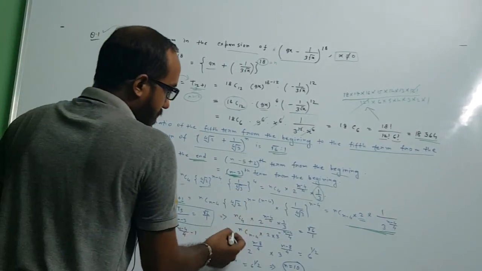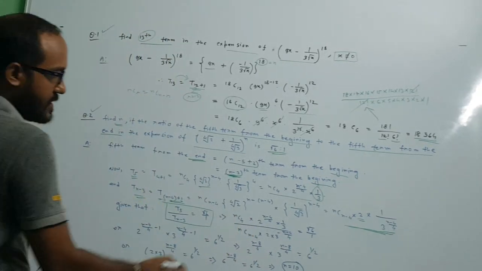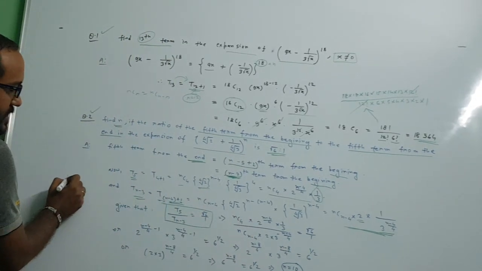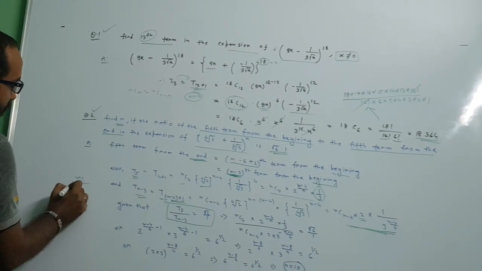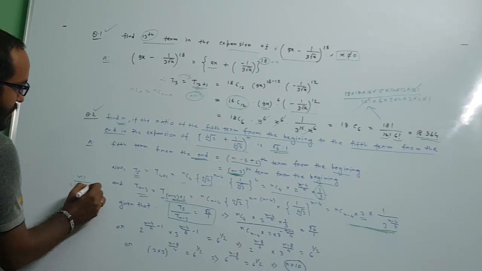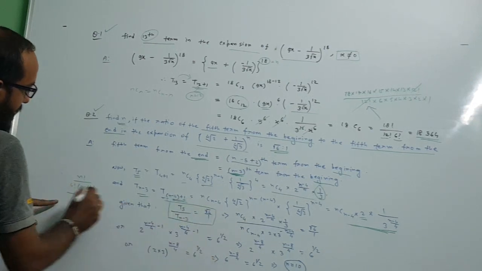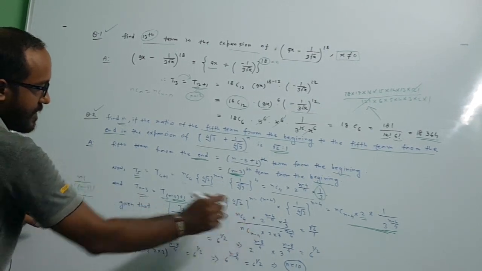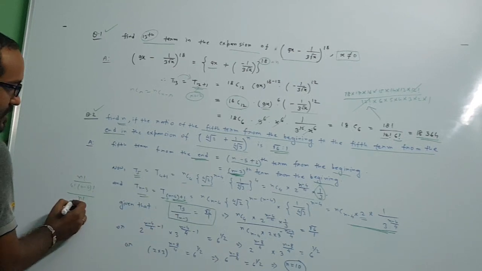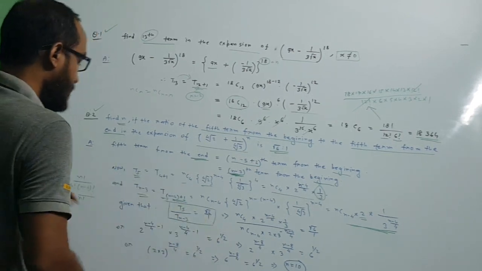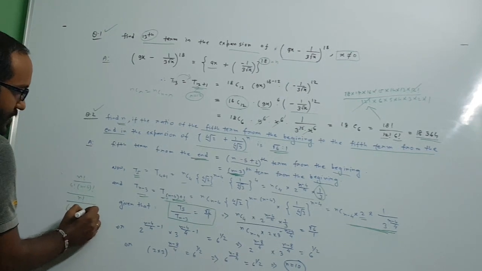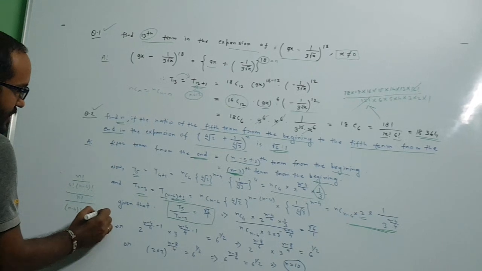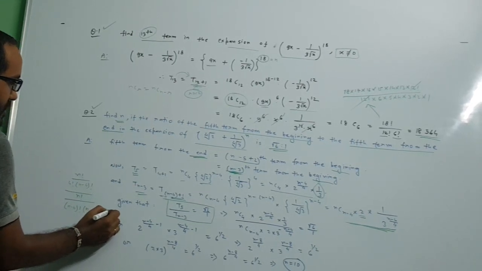Now see, nCr we can write it as n factorial divided by 4 factorial into n minus 4 factorial, and here we can write it as nCr, n factorial divided by n minus 4 factorial into n minus of n minus 4 factorial.